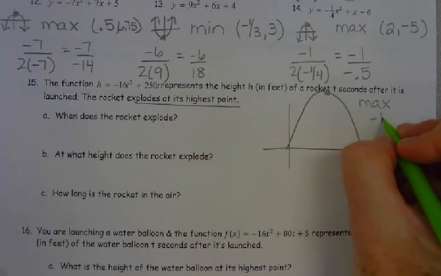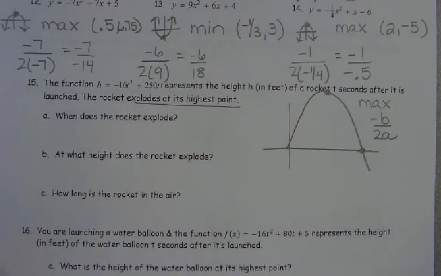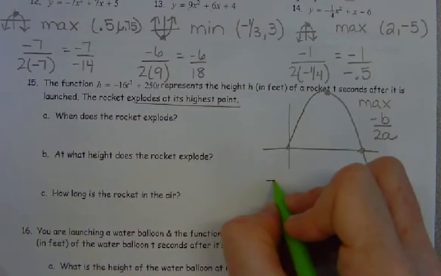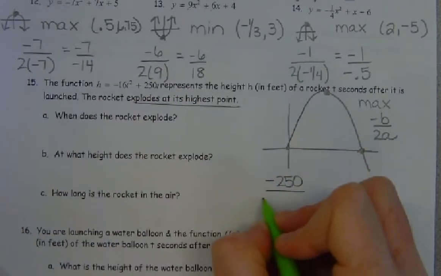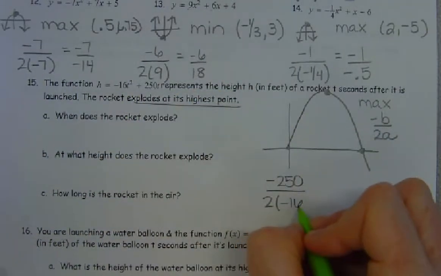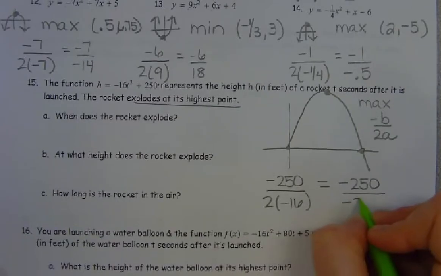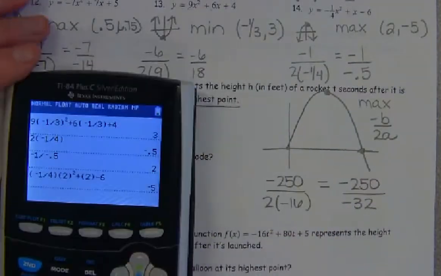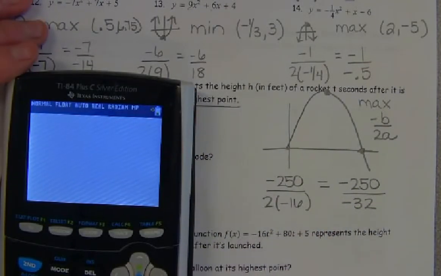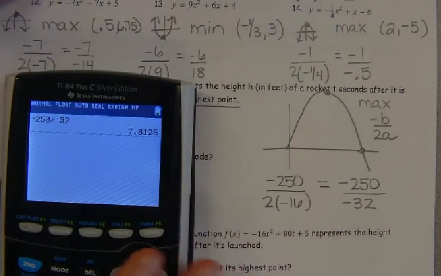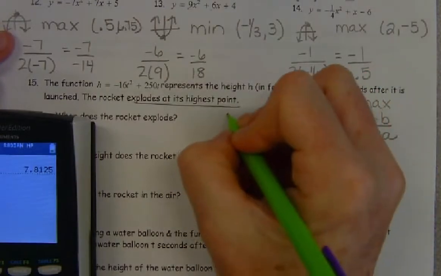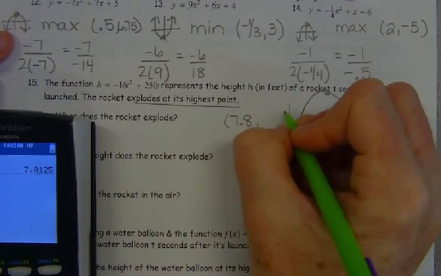So because it's its vertex, we're going to again use this formula. So I take the opposite of b, which is negative 250, over 2 times a, which is negative 16, and that gives me negative 250 over negative 32. So if I were to punch out negative 250 divided by negative 32, I would get about 7.8. So the coordinate up there is going to be 7.8 something.